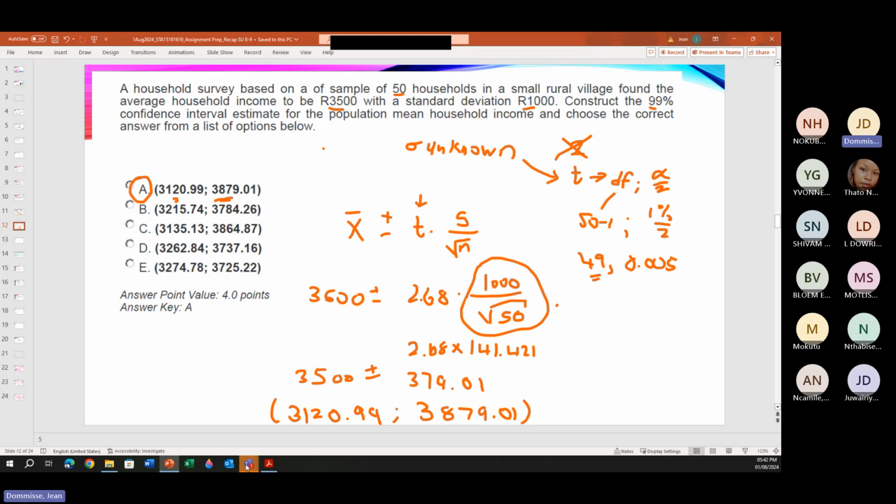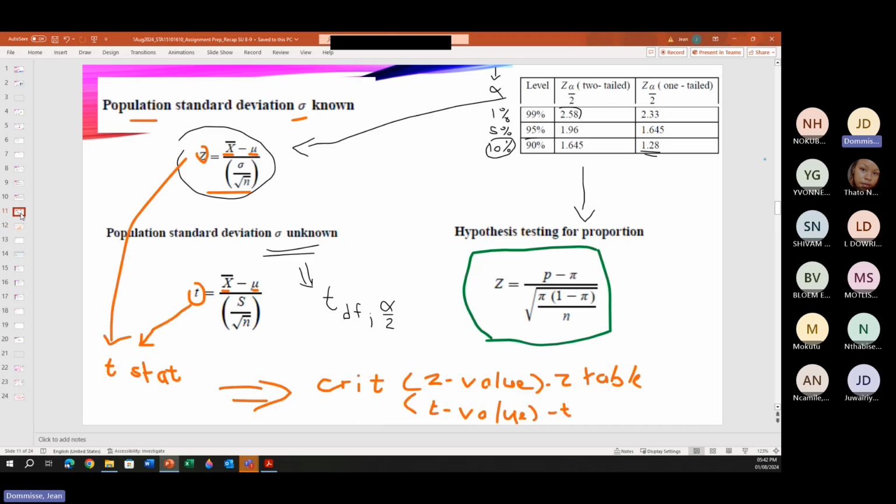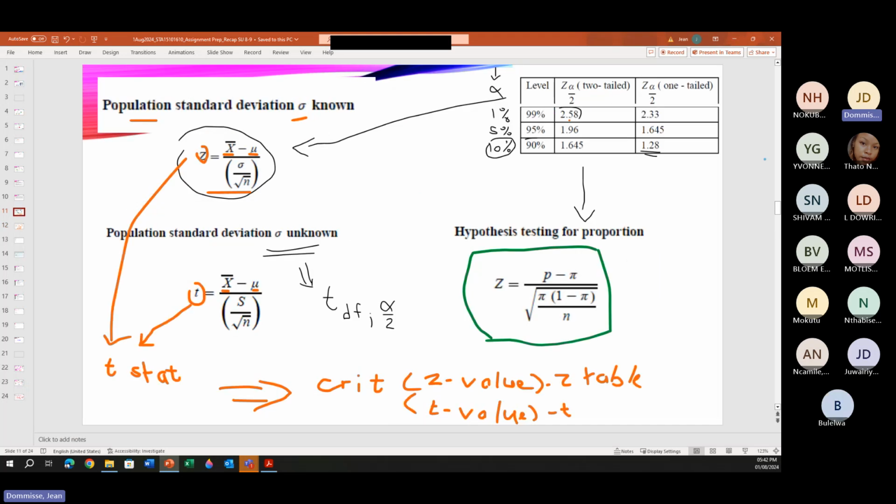Again, just to show you guys, if we used Z, the Z value would have been, I think, 2.58.